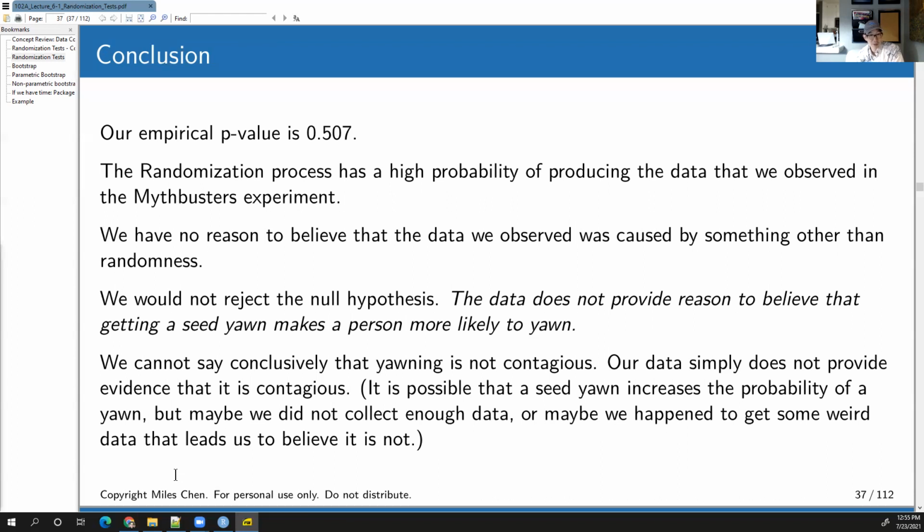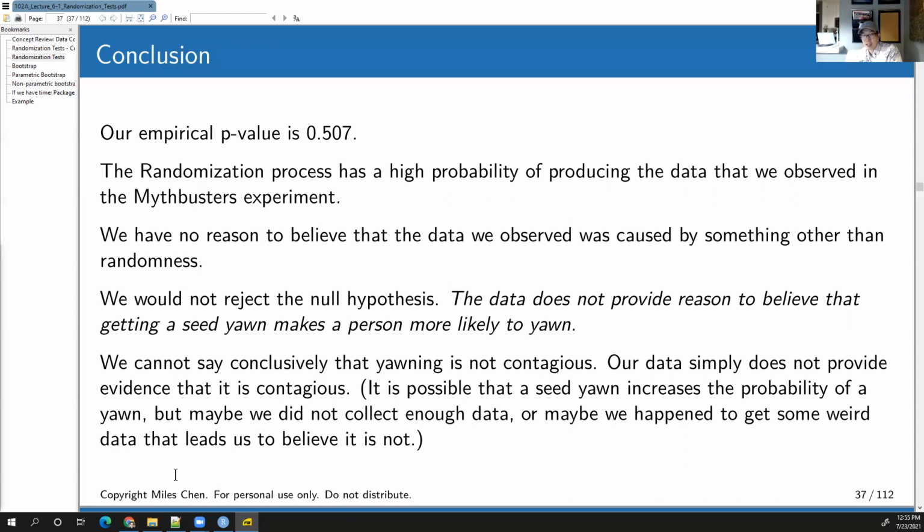You're going to get a difference of 4 percentage points or something greater. That's going to happen 50% of the time. So you could have just gotten lucky with the coin flip, basically. It could have just been a coincidence.